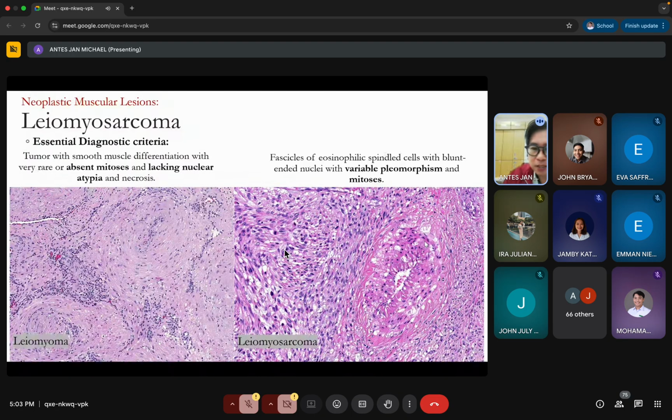So you will see some spaces, vacuoles, within the cells.